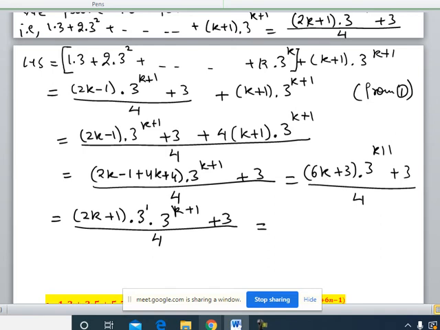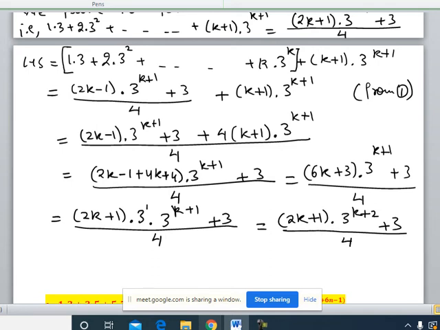So here the exponent is 1. We generally don't mention 1, but let it be. See what it reduces to now: 2k plus 1, which multiplies with 3 with the exponent 1 plus k plus 1. So that makes it 3 with the exponent k plus 2. Okay, and then plus 3 and the whole expression divided by 4.